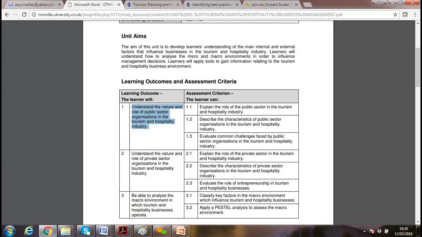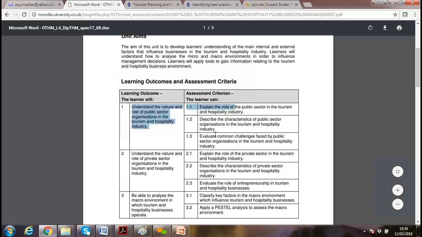So the public sector plays a significant role to set the standards within the hospitality industry. So we can say SOPs, which are standard operating procedures, are set by the public sector organizations.